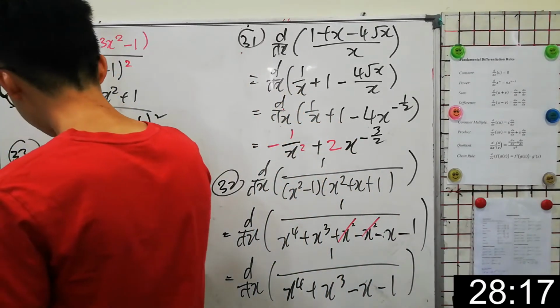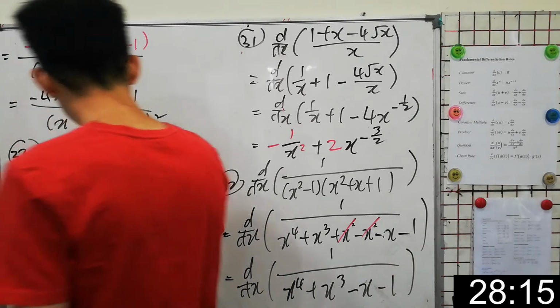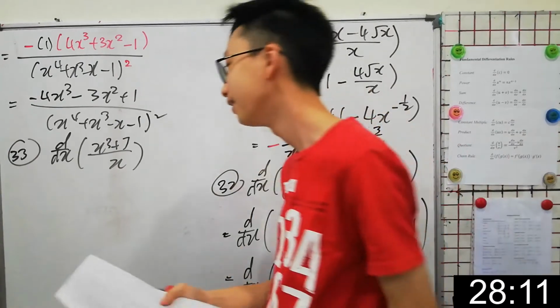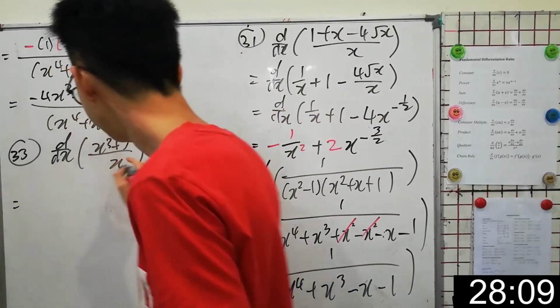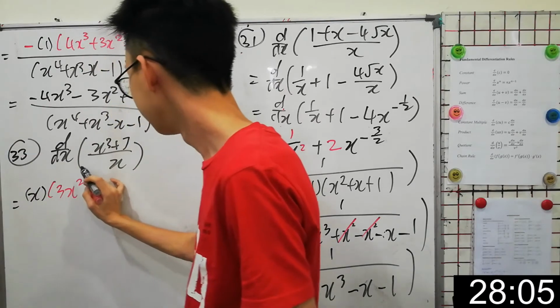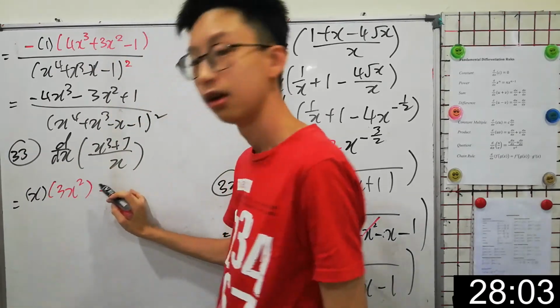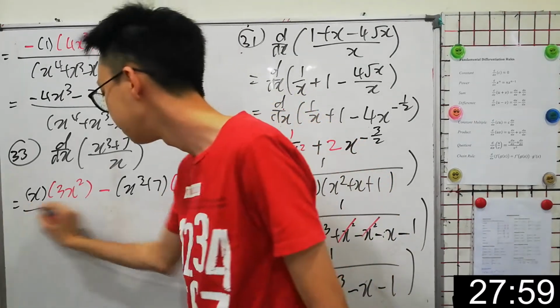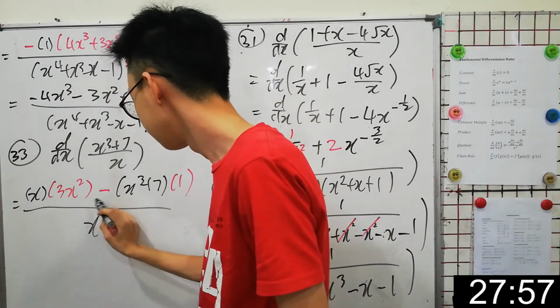d/dx of x cubed, something over x squared. Why so many quotient rule? Oh my god, it's like all quotient rule. But anyway, copy bottom, differentiate top, minus copy top, differentiate bottom, over x squared.